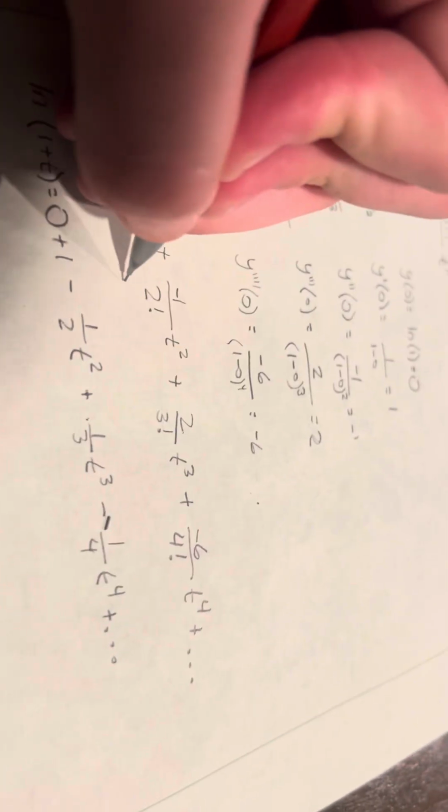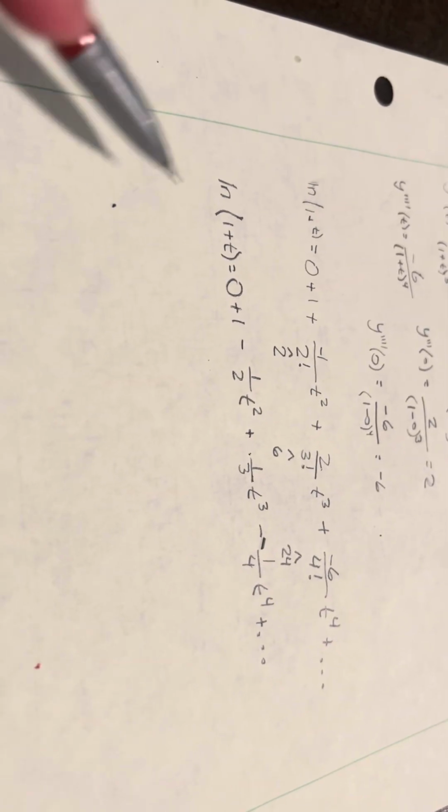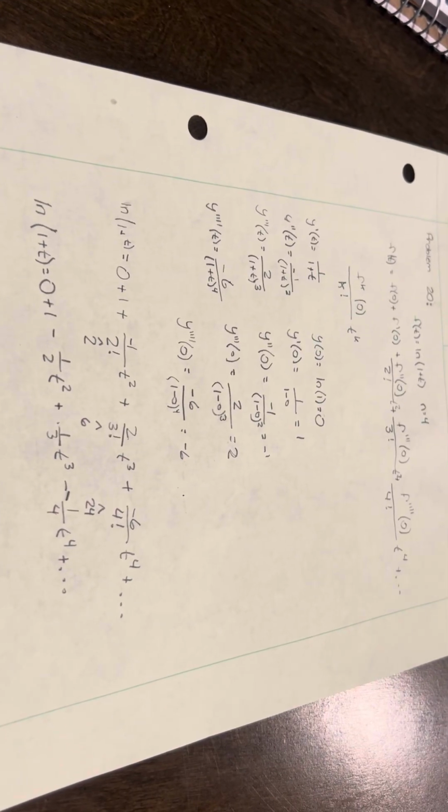We know this because 2 factorial is 2, 3 factorial is 6, and 4 factorial is 24. Just doing some basic algebra, we can see that this right here is our final answer. And that is one whole problem using the Maclaurin series.